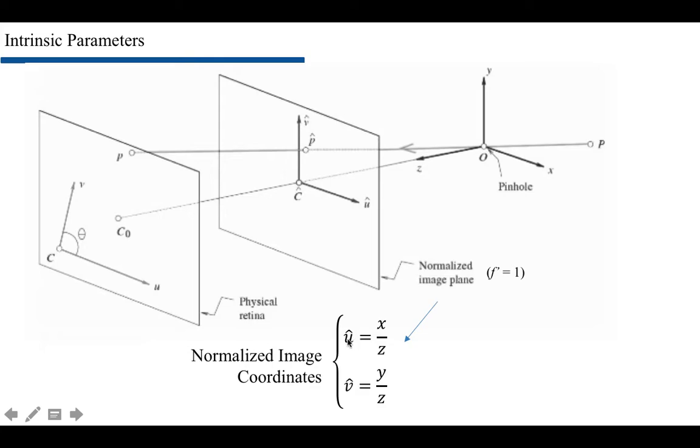So u hat, with a small hat, will be equal to 1 times x divided by z, and v hat will be equal to y divided by z. So it's been simplified, and the point P, the corresponding point to P in the pinhole and normalized image plane, will be equal to 1 divided by z times an identity matrix.